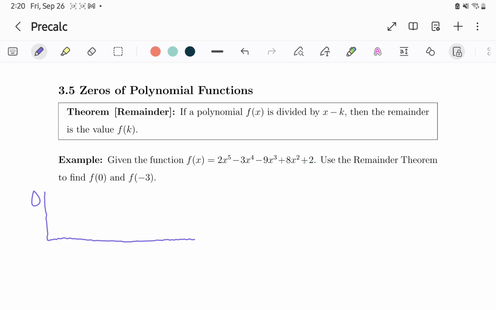But what's missing is the degree 1 term, or the linear term. That just means its coefficient is 0. So the coefficients we'll put in the synthetic division are 2, then minus 3, then minus 9, then 8, then a 0 for our missing linear term, and then 2.